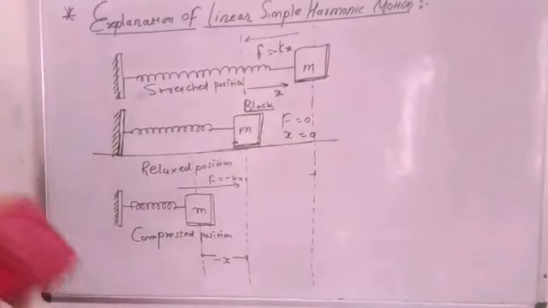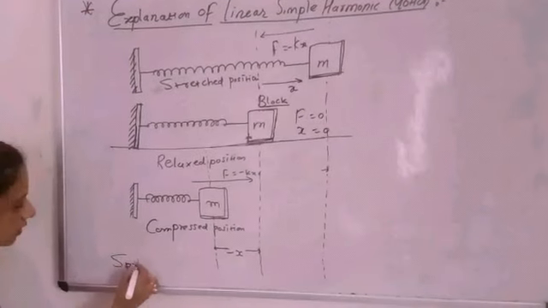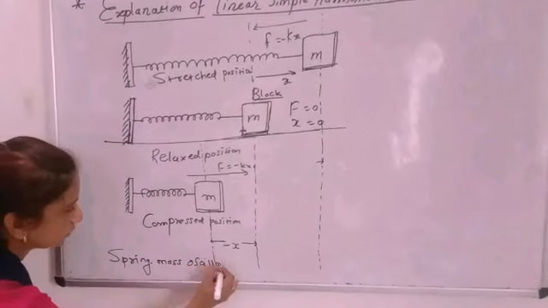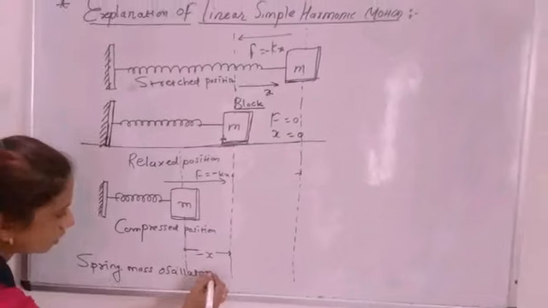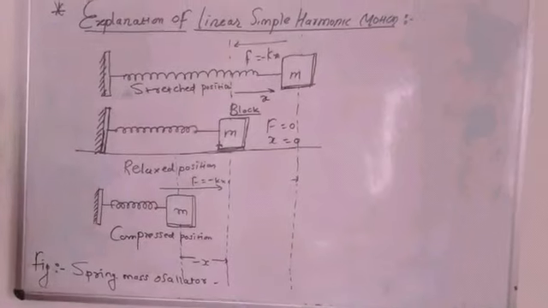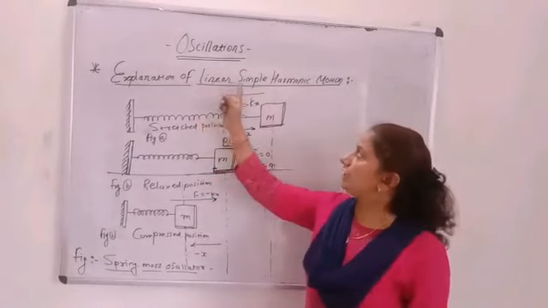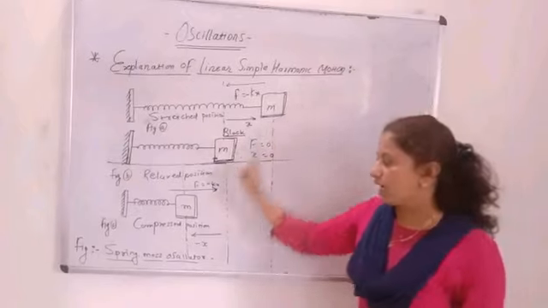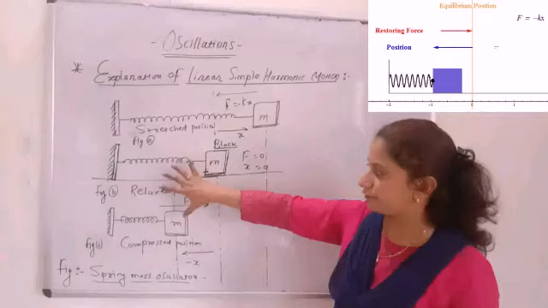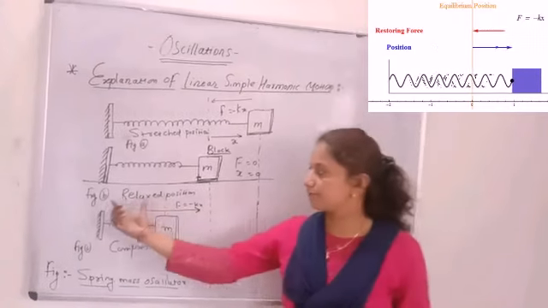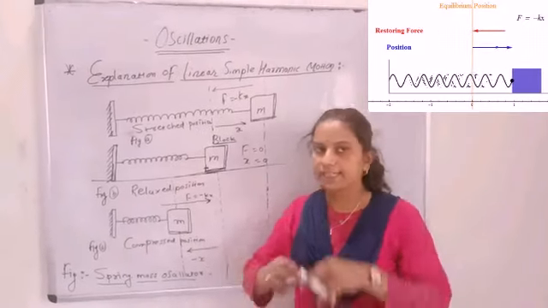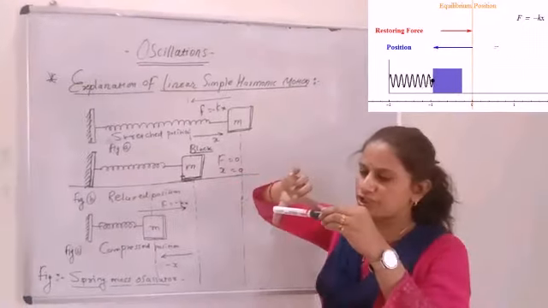This is the spring mass oscillator. This figure shows a spring mass oscillator. For the explanation of linear simple harmonic motion, I will again go through the spring mass oscillator system from this figure. Here, in figure B, there is a relaxed position, meaning the spring is relaxed.